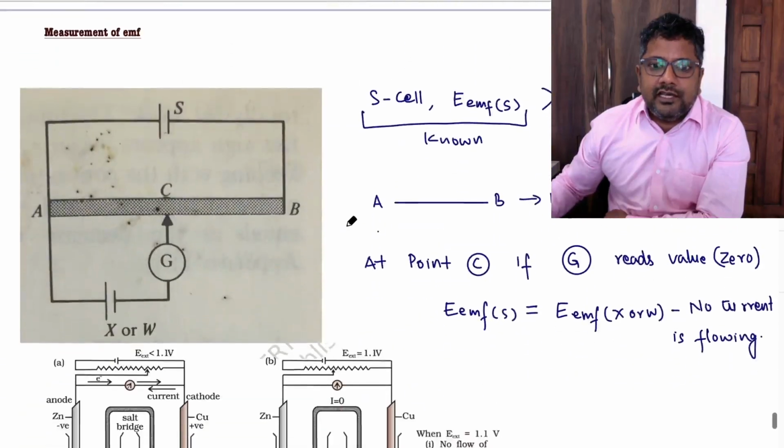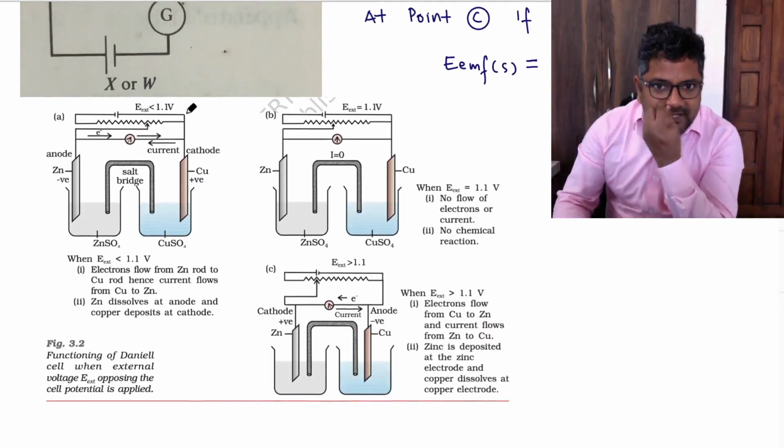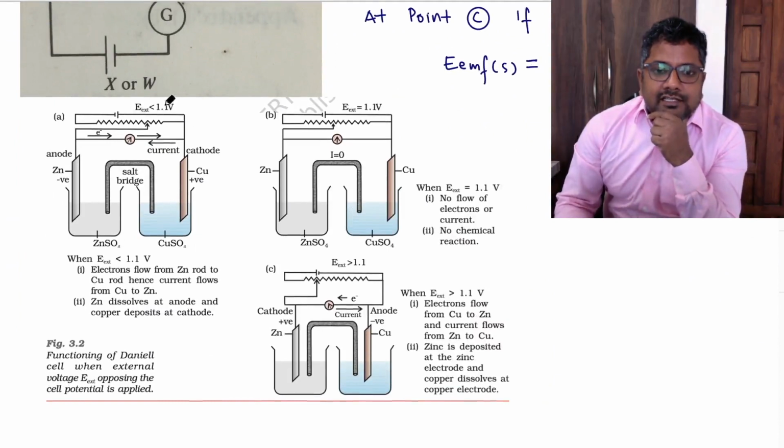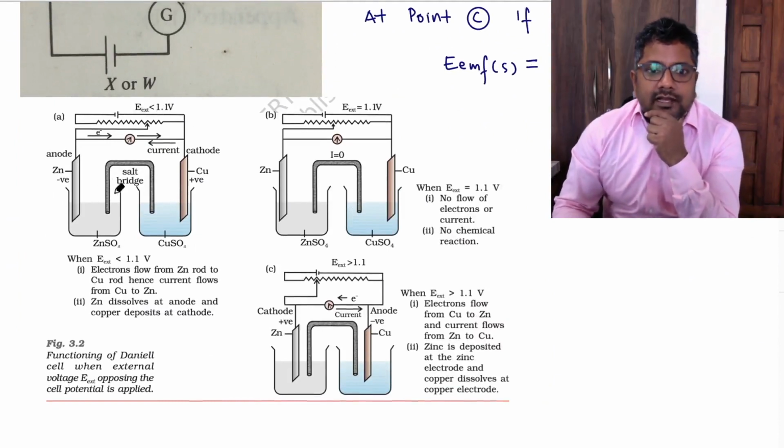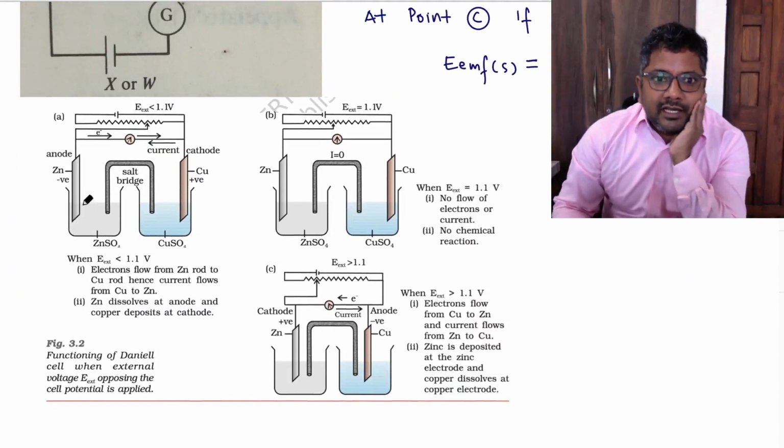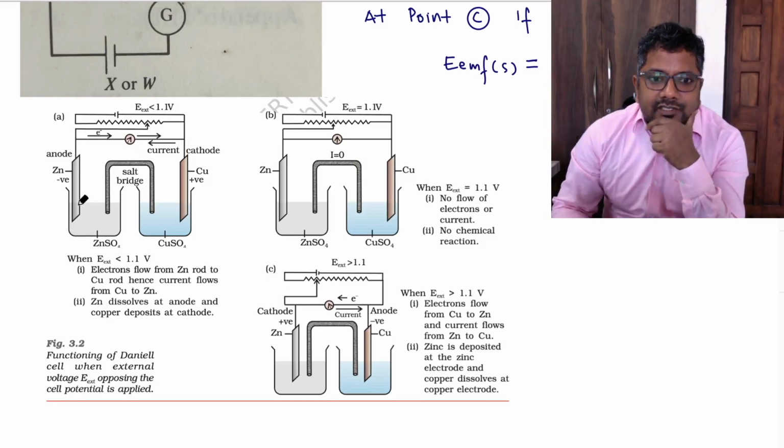So if E external is less than 1.1 volt, what will happen? Electrons will drift from anode to cathode, and current will flow from here to here. And in this situation, more and more Zn2+ ions will come into the solution, and Cu2+ ions will deposit on the rod.